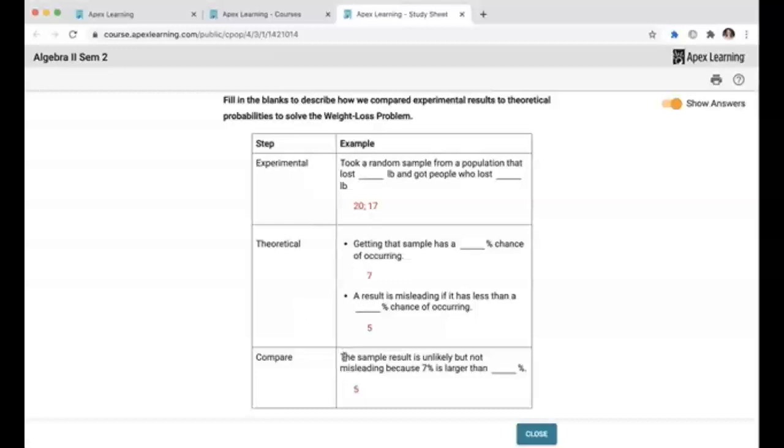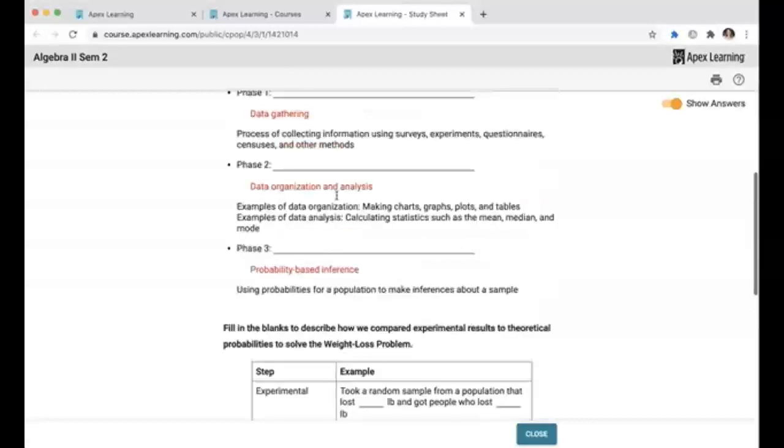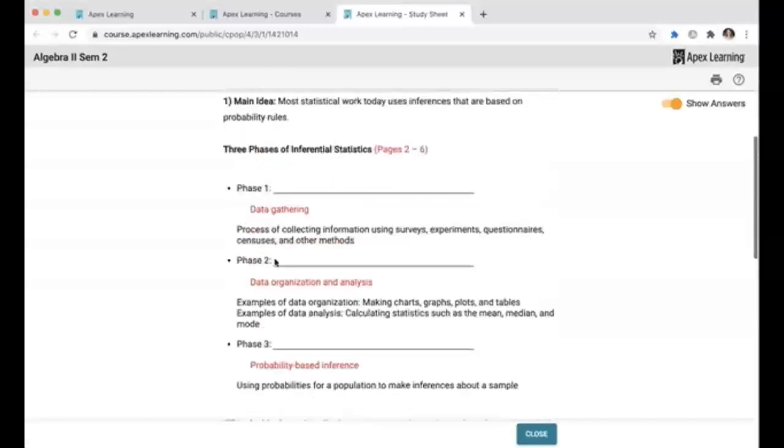So when we did this, we talked a lot about the different steps in each of these phases here, all right? And how do we gather our data? Are we going to do it experimentally, through a survey, through whatever, right? With our data organization and analysis, how are we going to organize the data and represent it so that it shows us something good, right? In a way that's easy for people to understand. Is it labeled?